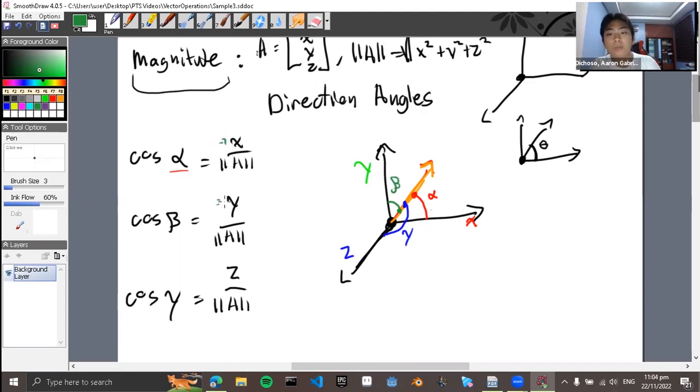So yung x component of the vector divided by the magnitude, yung y component of the vector divided by the magnitude, and yung z component of the vector divided by the magnitude. That is the standard formula for directional angles.